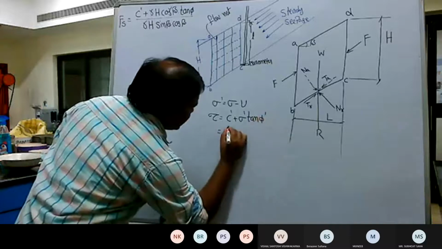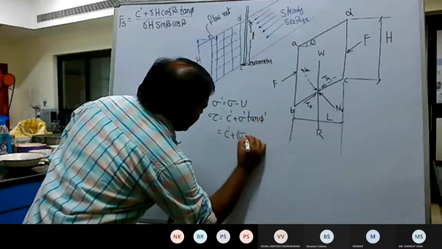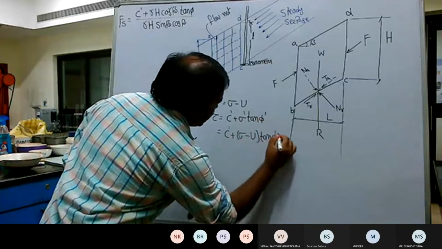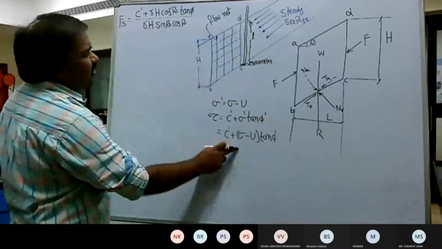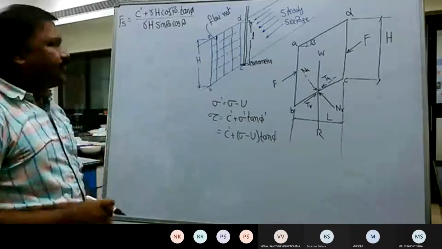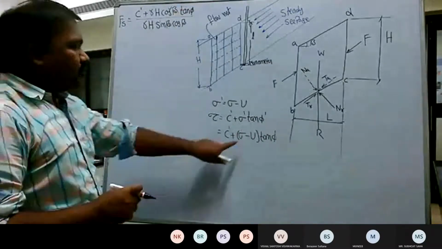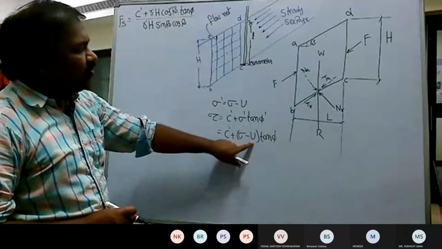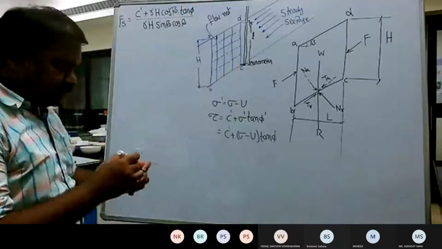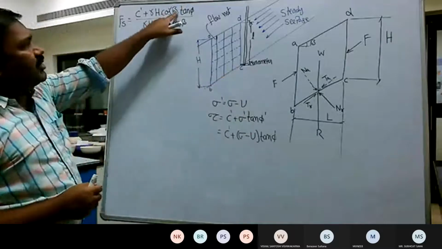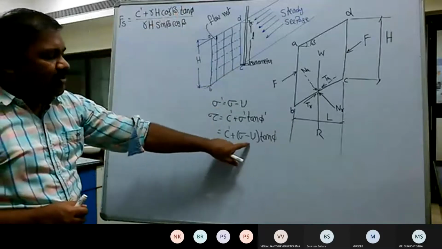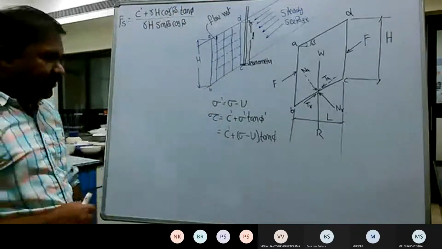This can be written as C dash plus (sigma minus u) tan phi dash. We can take this equation as it is in the numerator, and incorporate gamma from the same calculation and the u that you are going to obtain from here. So we now replace this numerator with C dash plus (sigma minus u) tan phi.